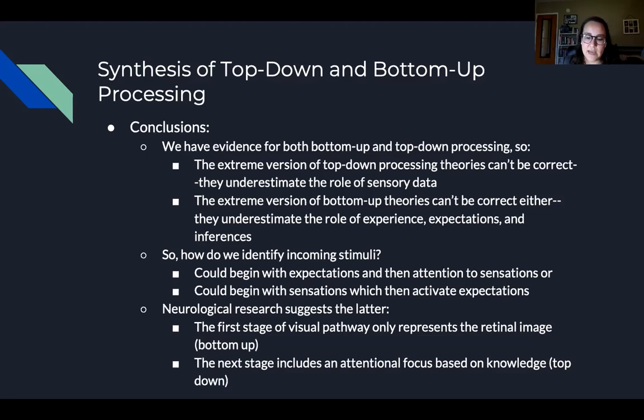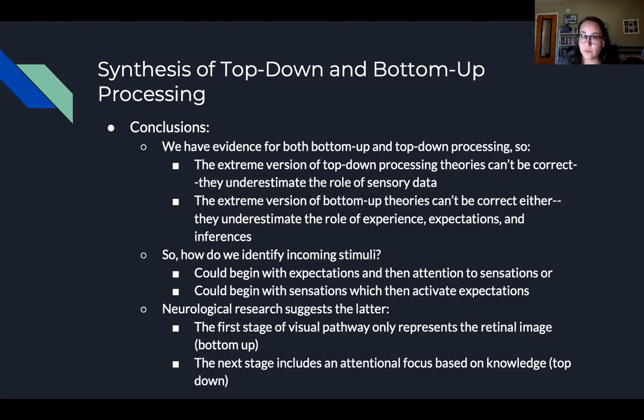So it could be the case that the encoding of stimuli starts the process of pattern recognition by a more bottom-up process, such as template matching or feature analysis. And then as this process continues, our expectations are activated by top-down processing so that there are certain patterns that we then look for in likely places.